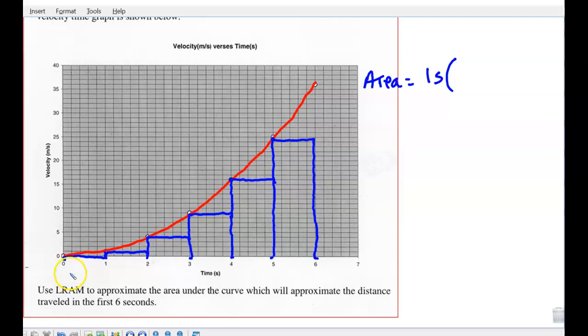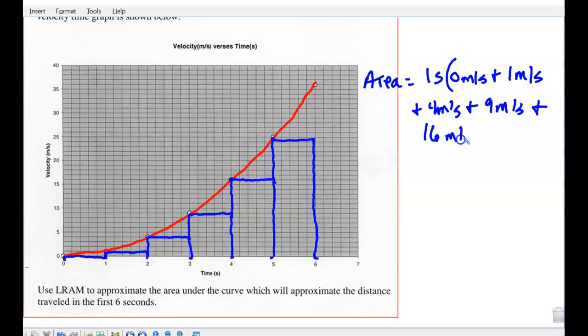Well, the height of the first rectangle is 0 meters per second, plus the next height is 1 meter per second, plus the next height is 4 meters per second, plus the next height is 9 meters per second, plus the next height is 16 meters per second, and the last height is 25 meters per second. So if I calculate the total area, that's going to approximate the distance traveled from 0 to 6 using a left rectangle approximation method.